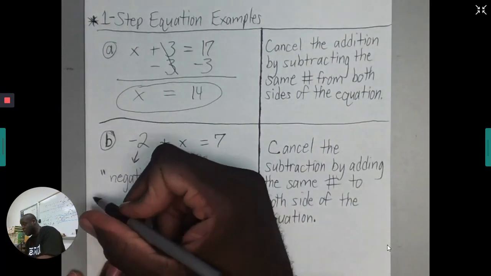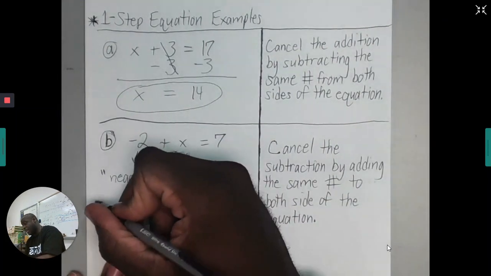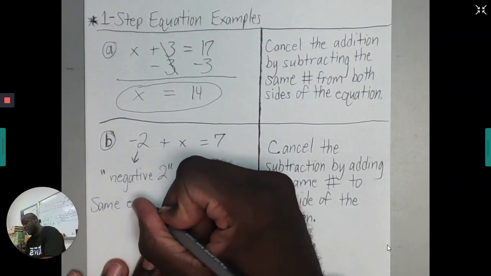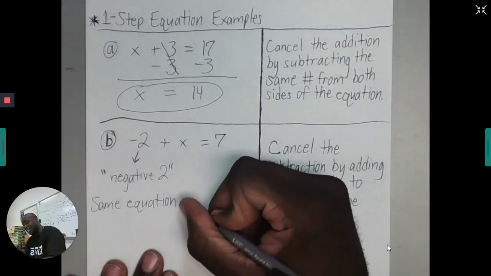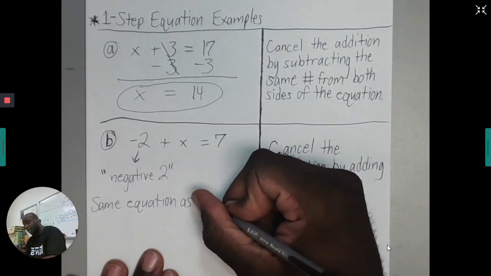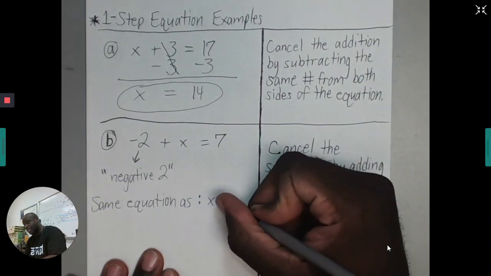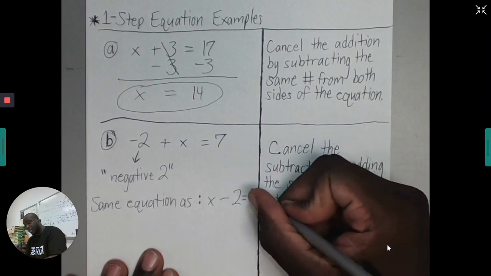And some of you also may know that this equation can be rewritten, and it's actually the same equation as what I'm about to write here. We can rewrite this as a subtraction equation. It can be rewritten just like this: x minus 2 equals 7.